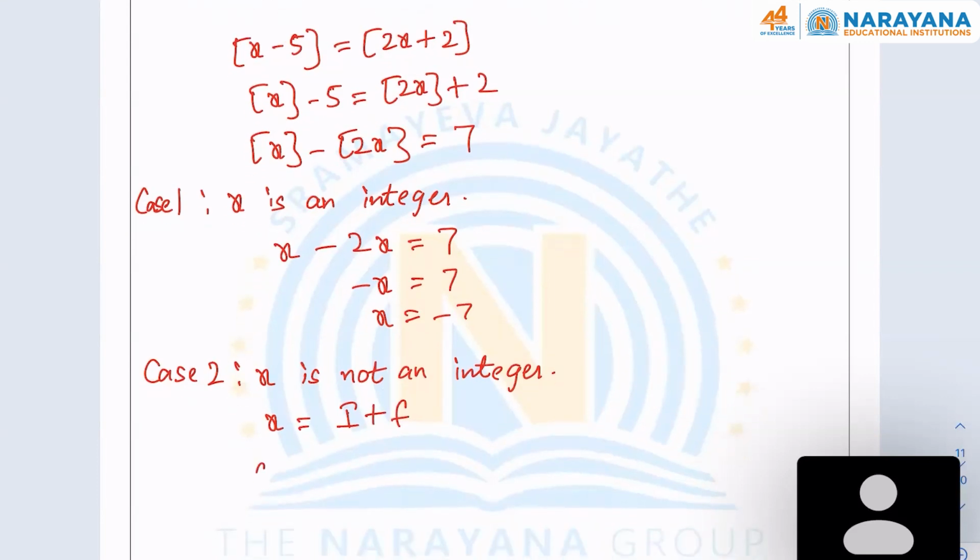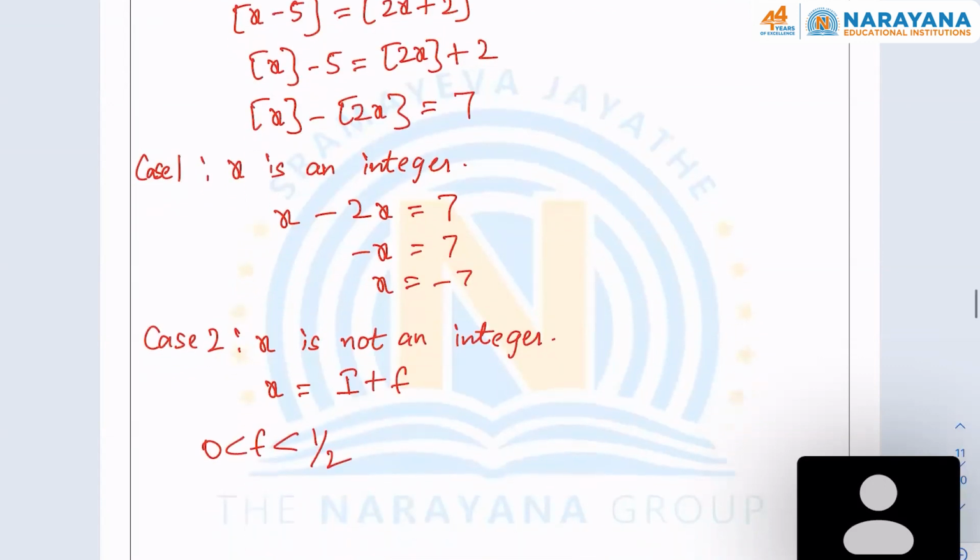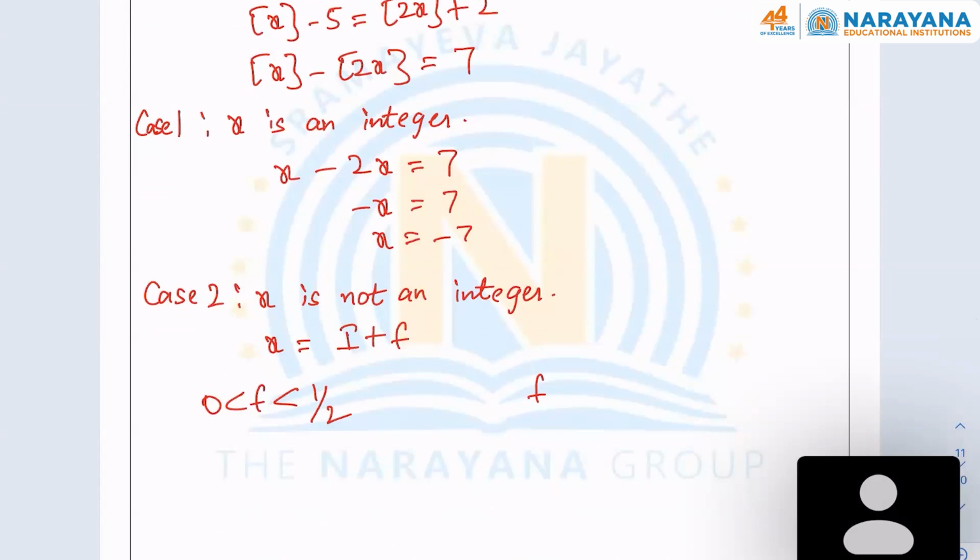Suppose f lies between 0 to half, or f is greater than half, but it can't exceed 1, right? So I can write f lies between 0 to 1.